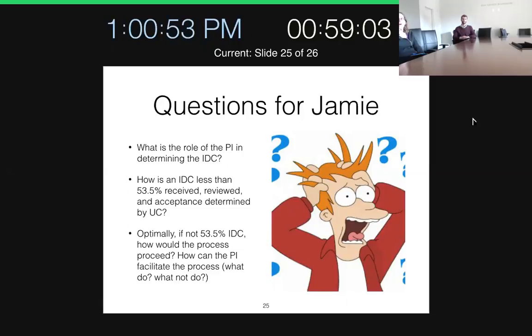One of the buttons on the form is whether it's going to be something other than 53.5, so that can trigger us to look at what steps we need to take. We'll follow up on that immediately, along with other issues, to jumpstart the process and make sure we're as responsive as possible, so the grants get through in a smooth way.